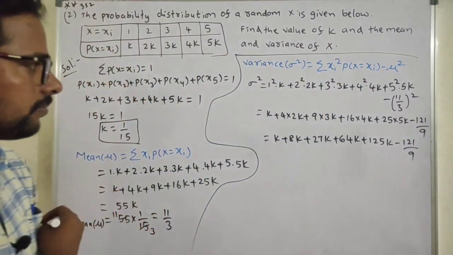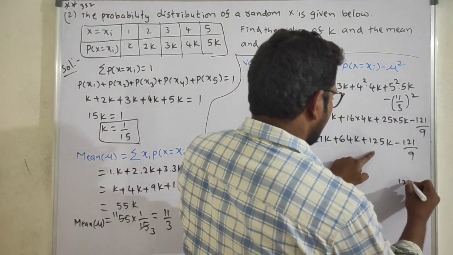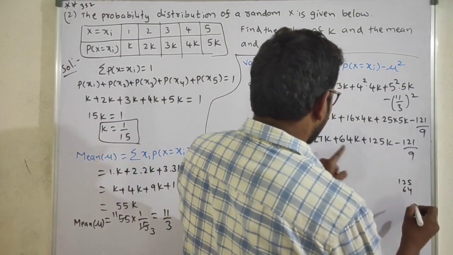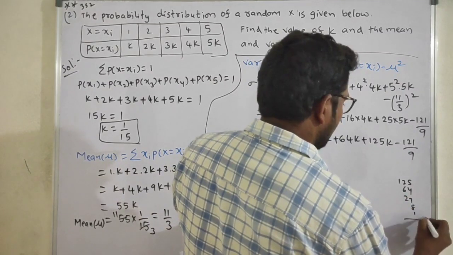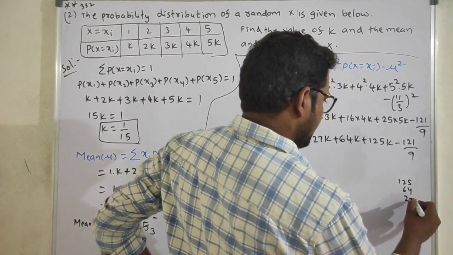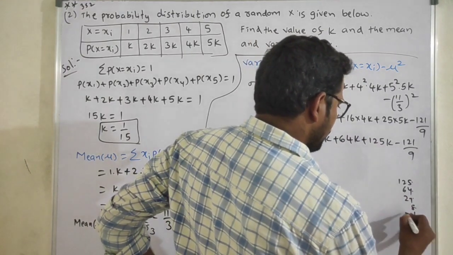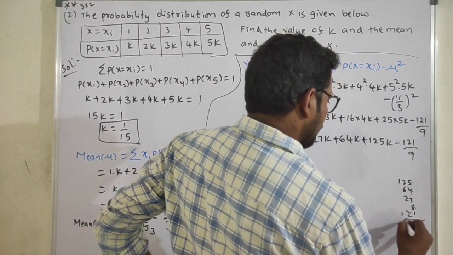So add the total. How much do we get? 125, 64, 27, 8, 1. So 8, 16, 20, 25, 5 carry 2, 8, 10, 12, 1 carry 2, 225.